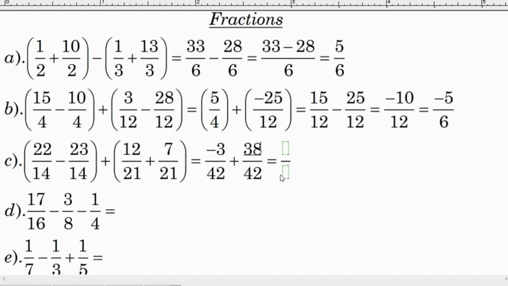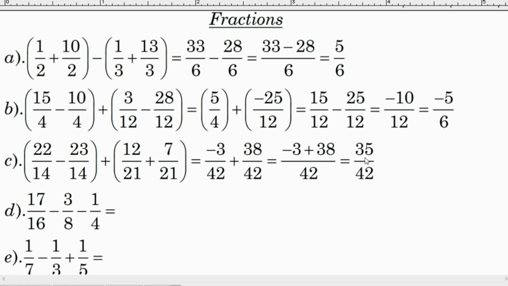Okay, so we just put the same denominator 42 and then take minus 3 plus 38. Then equal, we have 38 minus 3, which is equal to 35 divided by 42.